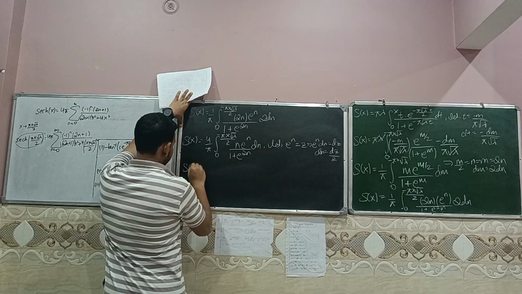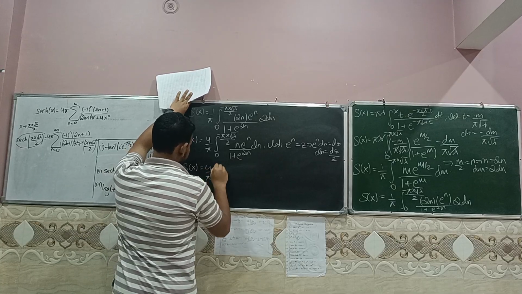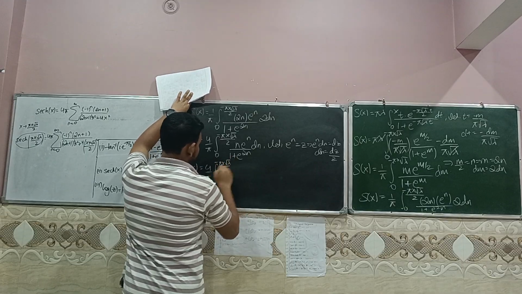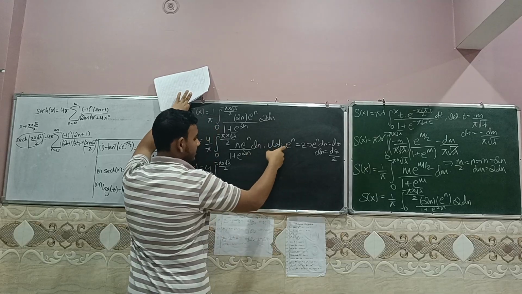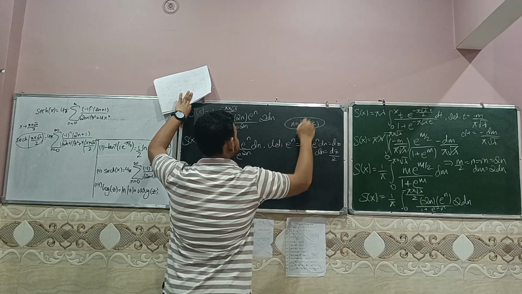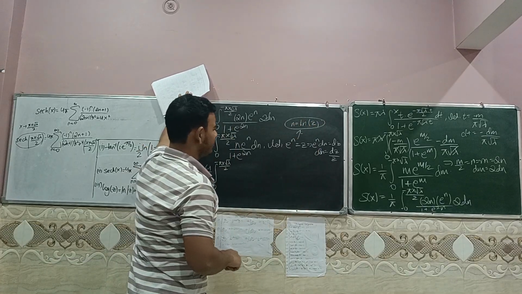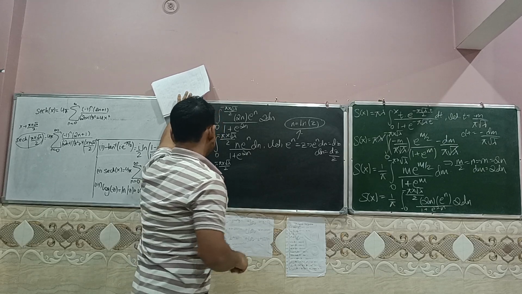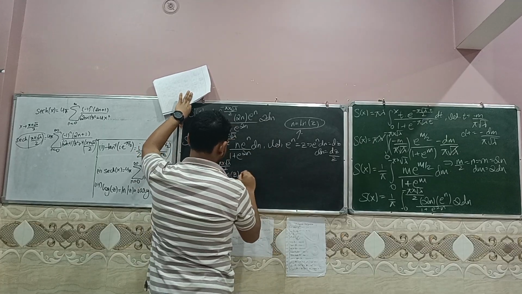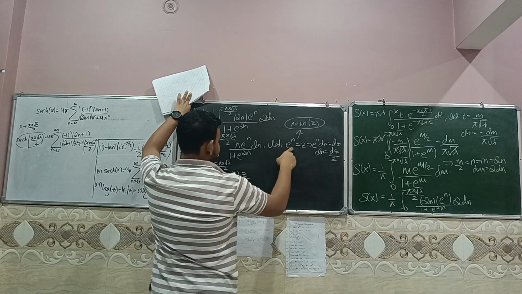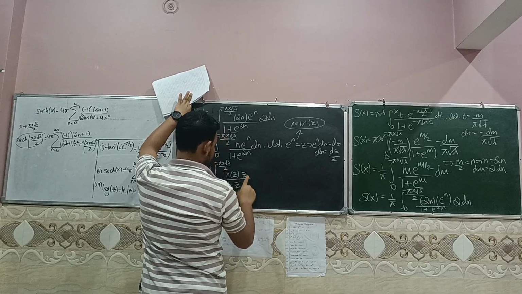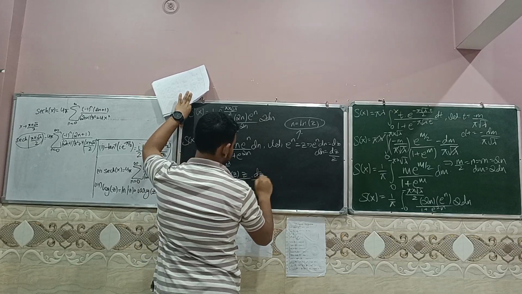So s of x becomes 4 over pi times the integral from 0 to negative pi x square root of lambda over 2. n becomes ln of z, right? Be mindful of that. So n becomes ln of z times e to the n was z over 1 plus e to the n whole squared, so it's 1 plus z squared, and we have dz over z.